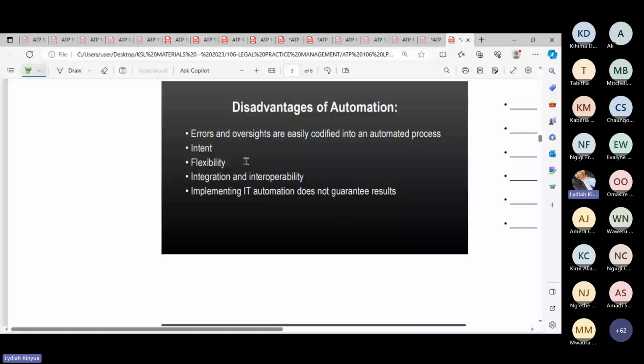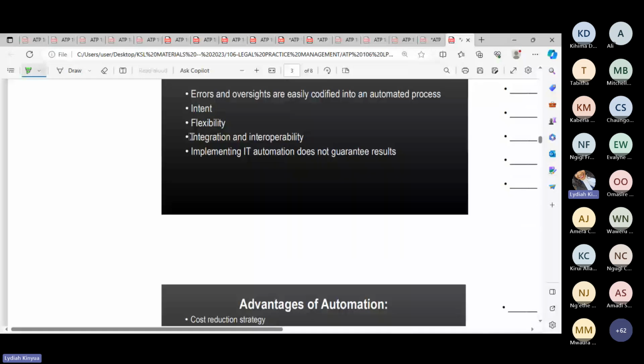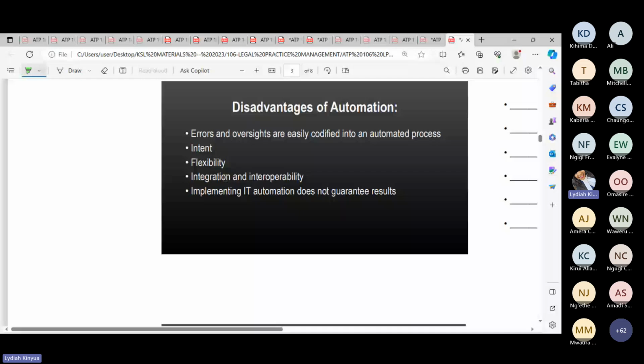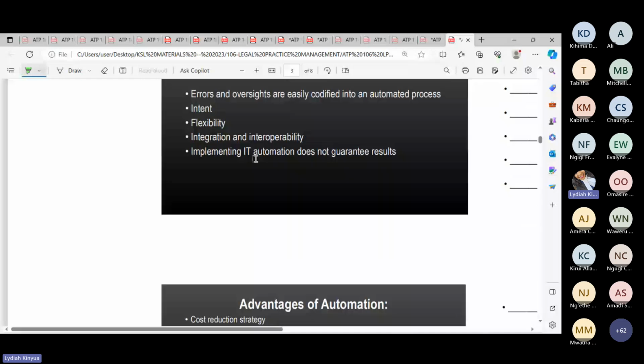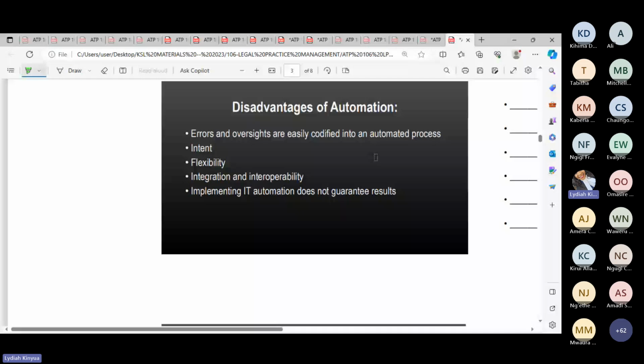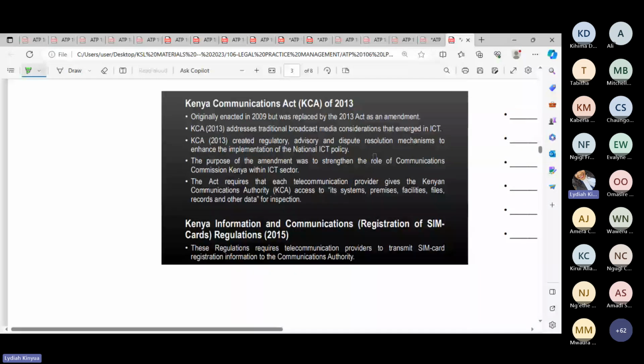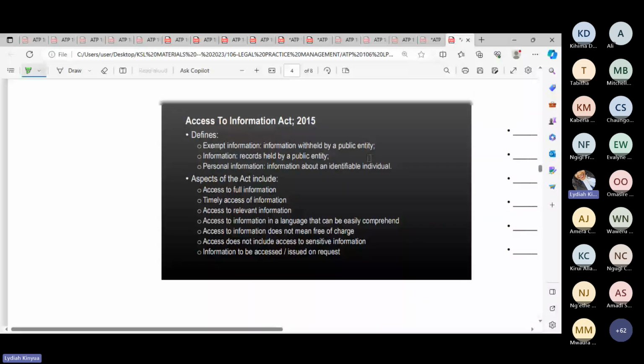It cannot integrate with other systems. You cannot have a paper record and an automated system as well. And implementation does not guarantee accurate results. The other disadvantage is that it might be quite expensive for a law firm to have those mechanisms in place.